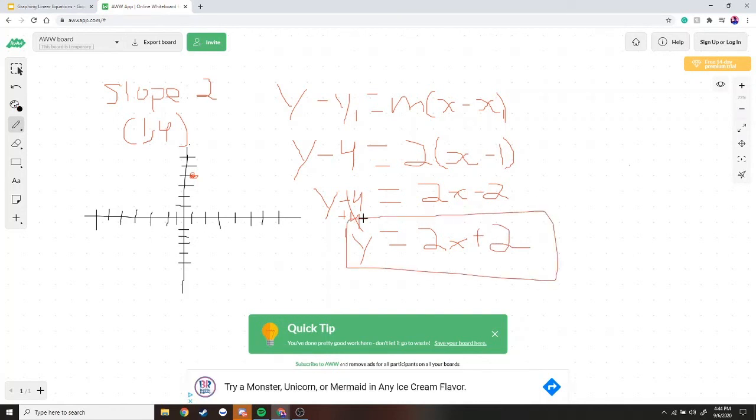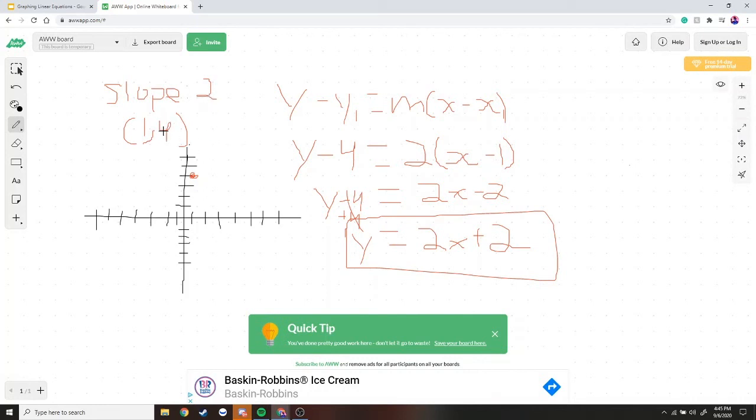Now let's say we want to finish the graph, completely draw it. Well, what we can do simply is use our slope to figure out the next point. So we know that the slope is the rate of change, meaning that for every 1 x, y will increase by that number. So here we have our slope as 2, so for every 1 x, our y will increase by 2.